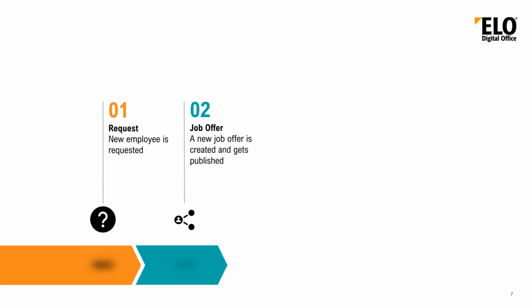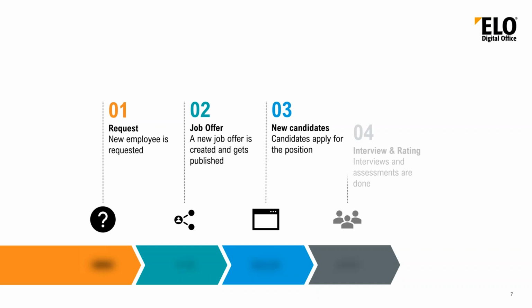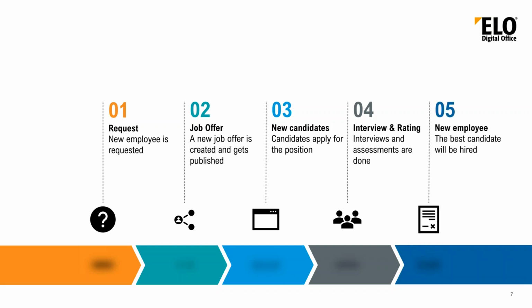And after this, we will get new candidates. The candidates apply for the position. And then we have to select the best candidates for interviews and rate them. And at the end of the day, a new employee is hired.